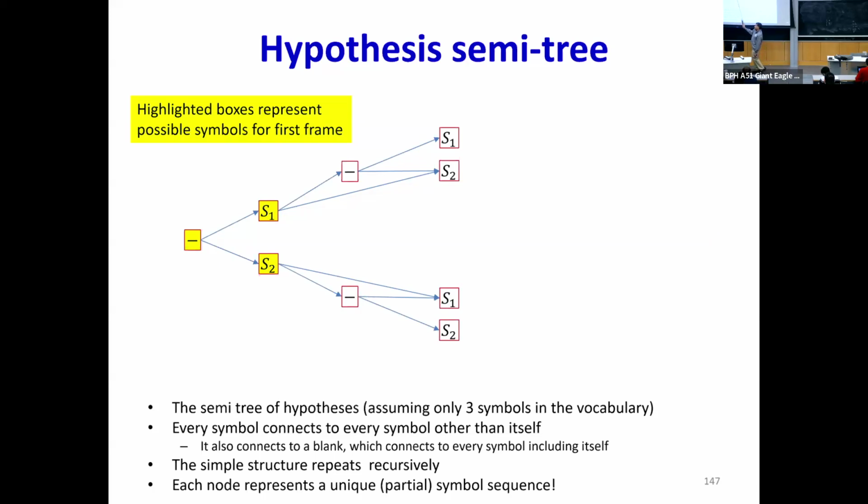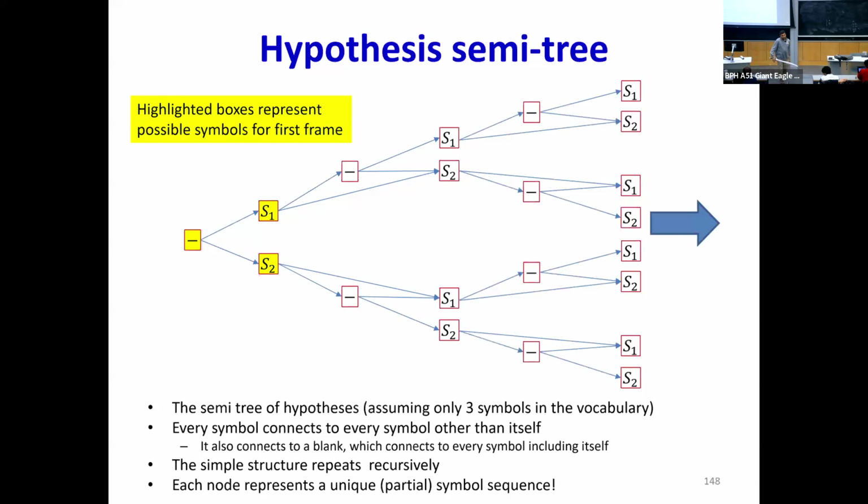But then I can also have blank followed by S1, right? So all possible symbol sequences are represented by this graph. It's not strictly a tree. I'm calling it a semi-tree because you have certain convergences.